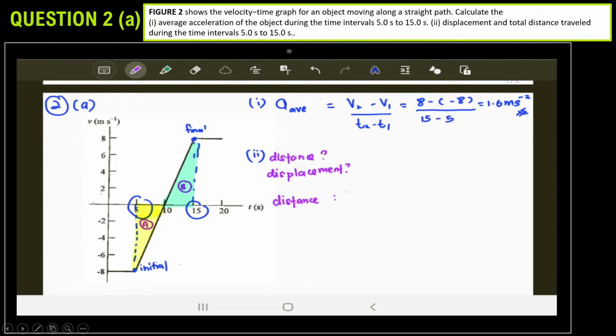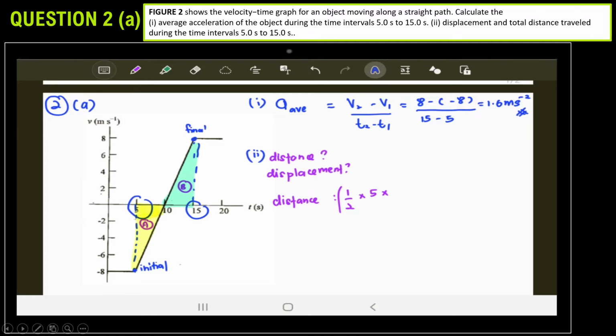Look at here, for A, the area under the graph is half times 5, the base, and the height is, remember, in order to calculate distance, ignore the negative sign. Here you can see the height of the triangle is negative 8. Tapi sebab kita nak kira distance, because distance is a scalar quantity, no direction, so ignore the negative sign.